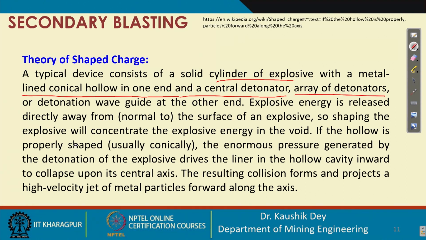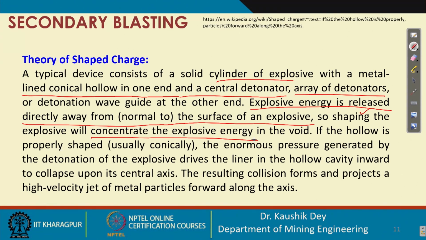So basically what is happening here, the explosive energy is released directly away from the normal to the surface of an explosive. By shaping this, what we are doing? We are finding that the explosive energy in the void is concentrating.